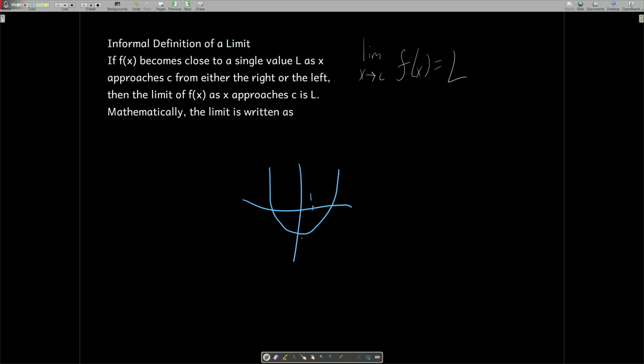Let's say I could draw some arrows right here to represent that. So you can see that my limit of f of x as x approaches 1 is at this point right here. Let's say y equals like -3.